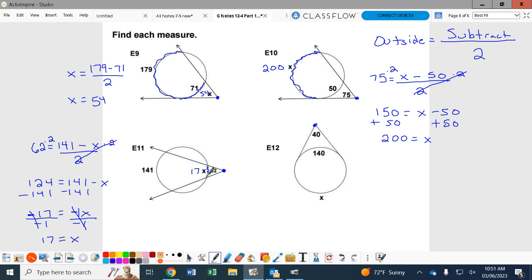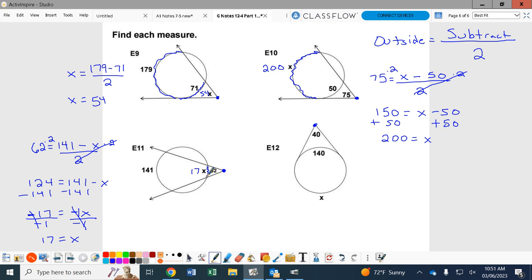Just so we're very clear, can an arc be negative? No. Can an angle be negative? No. So if you get something that's negative, you got an issue. Now, can x be negative when you're solving for a piece of something? Yes, I have to say yes for that. I have to be clarified. But can the arc measure be negative? No. Can an angle measure be negative? No. Just so we're clear.